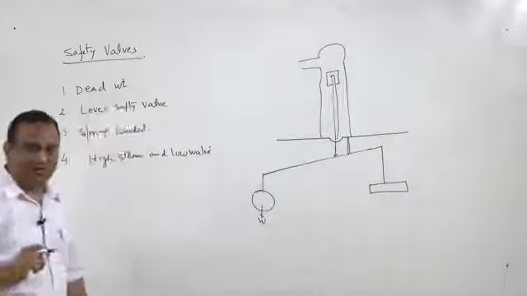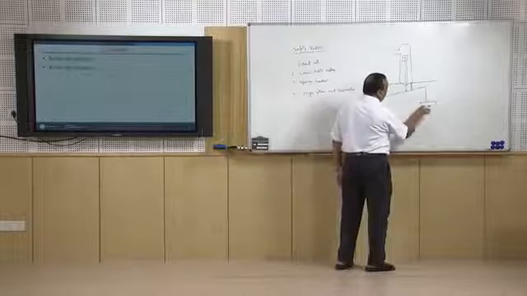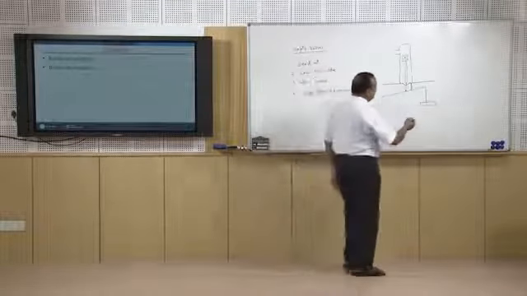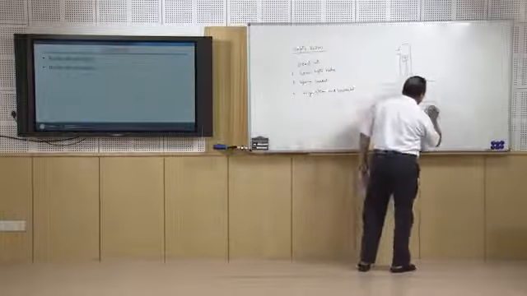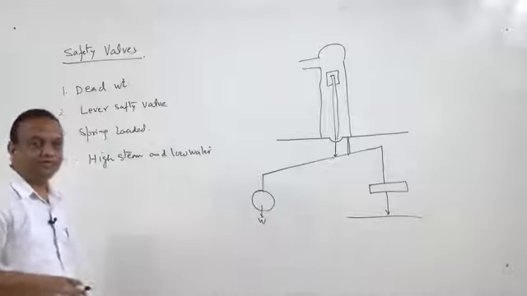Now, what happens? Suppose the water level in the boiler shell goes down. When the water level goes down, this float will also come down, because it will be floating on the water surface.